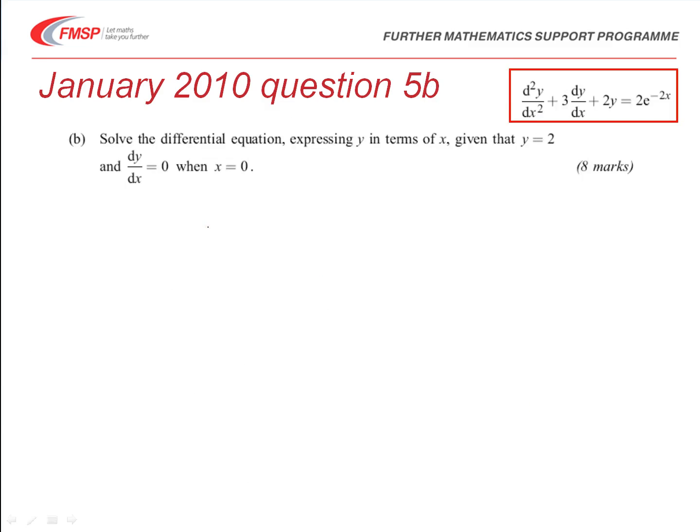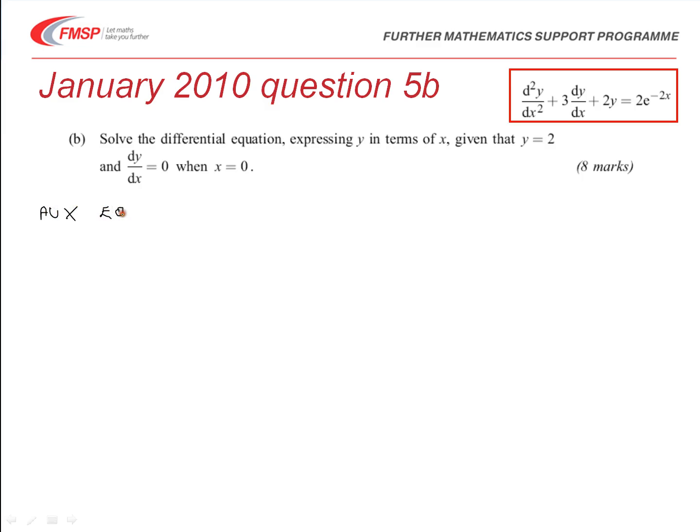Okay, second part then, we're going into finding the solution to this second order differential equation. So remember, having found the particular integral, we've got to find the complementary function, and in order to do that we solve this equation when it's equal to 0, and from that we find what we call the auxiliary equation.